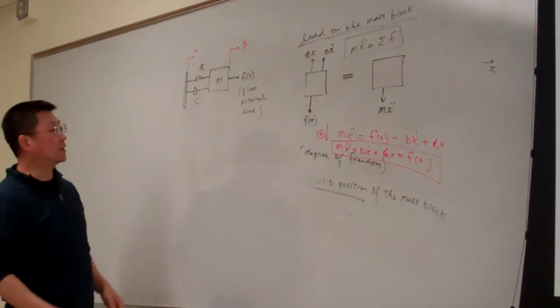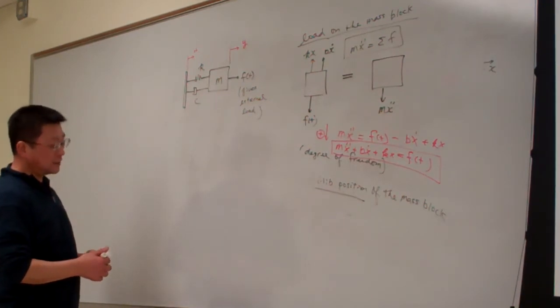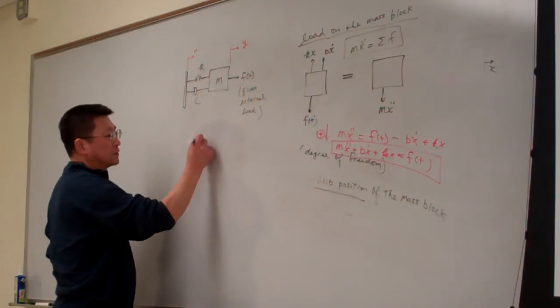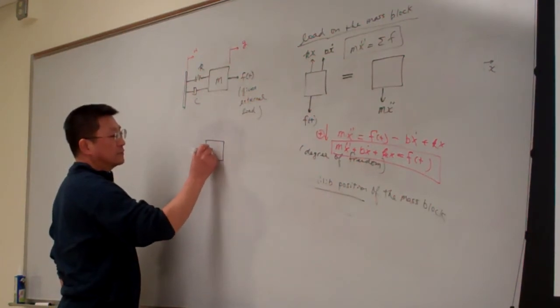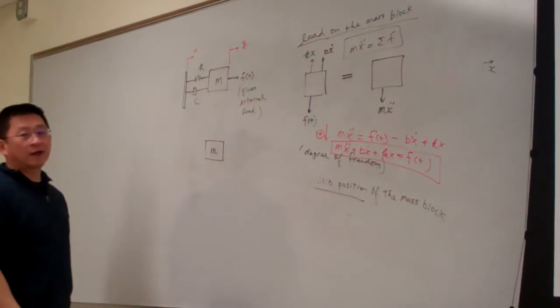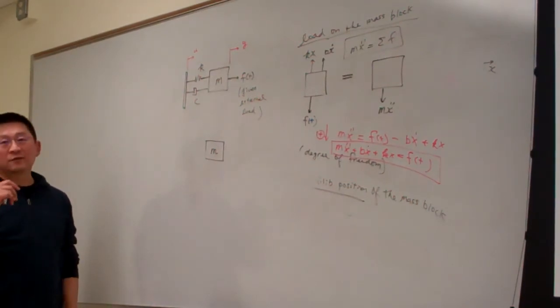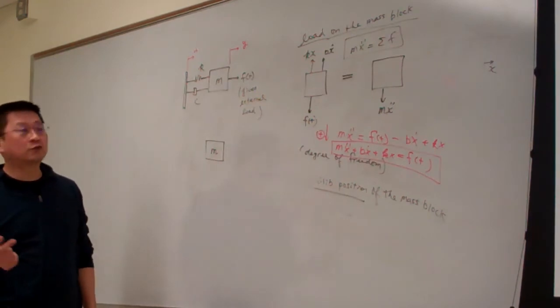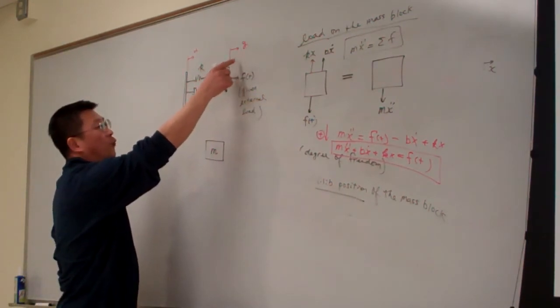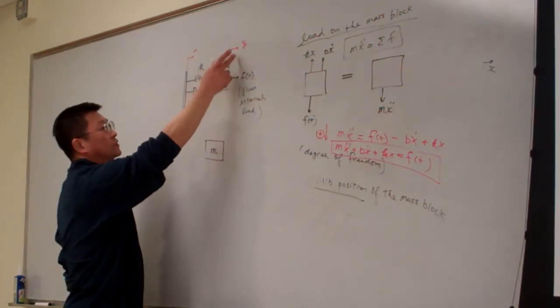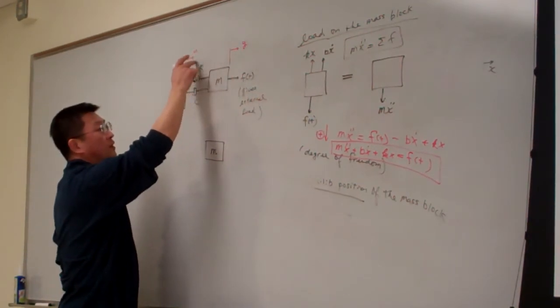So for this system, in a similar way, we take the free body diagram on the mass block. Okay, and here is a tip: once the two are in motion, you can assume u is greater than y.